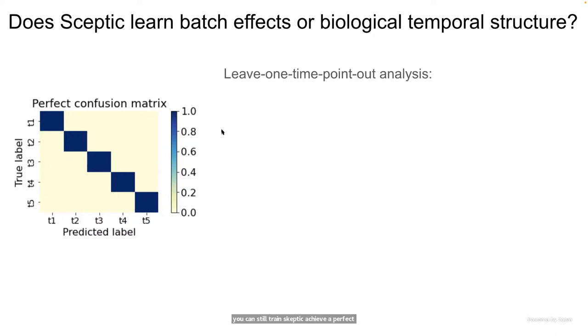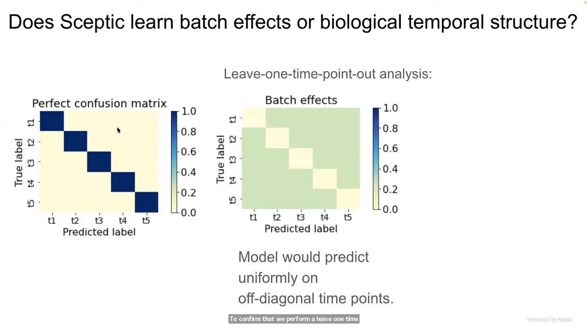To confirm that, we perform a leave one time point out analysis. Every time we mask, for example, the T1 time, train a model on T2 to T5, and predict all the cells from T1. In a scenario where the model is simply learning batch effects, we expect uniform errors on the off diagonal.